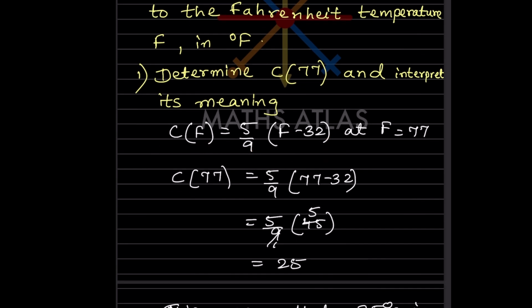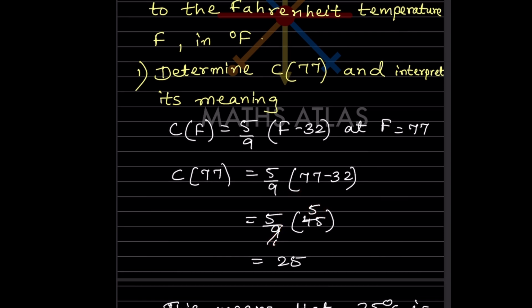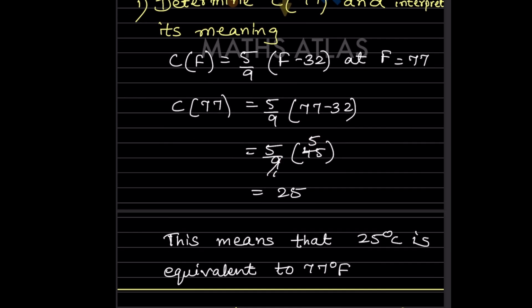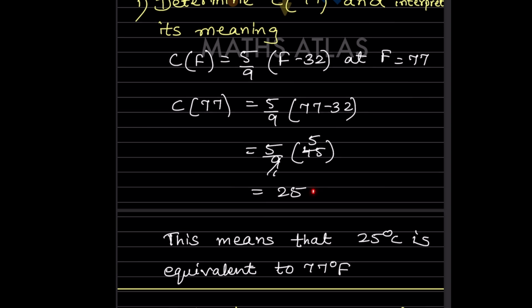Rest all will be the same. So this will be 45, 5 by 9 into this 45. So 9 fives are 45, so here it is going to be 25. So now they said interpret its meaning, what do you mean by this one? That is 25 degrees centigrade is equivalent to 77 degrees Fahrenheit.